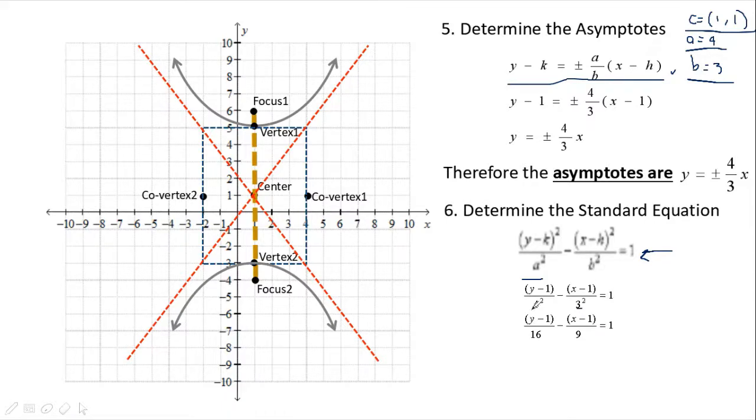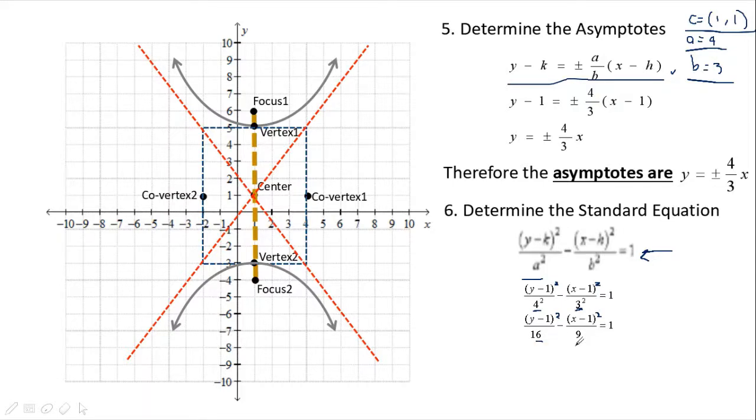Next, we need to simplify the denominators since we have exponents. 4 squared is 16, so we have 16 as the denominator.